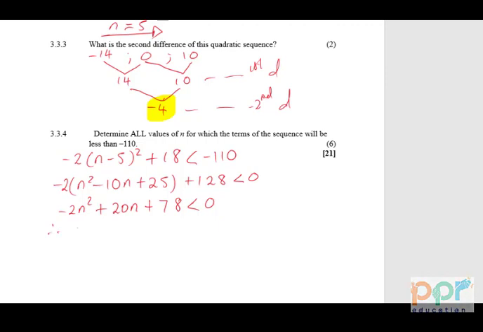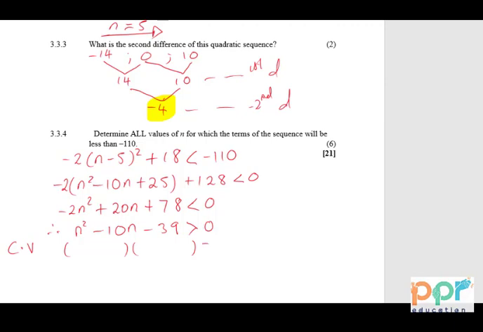So therefore n squared minus 10n, and 78 divided by 2 will give you negative 39, greater than 0. So I want the factors that, when I substitute them, give me 0. Let me say I want the critical values.